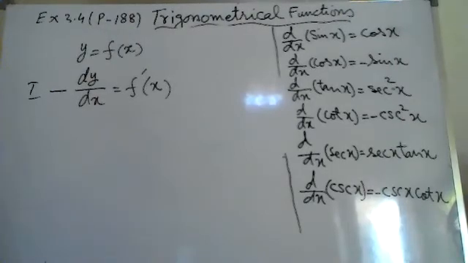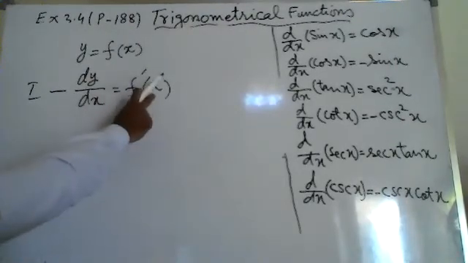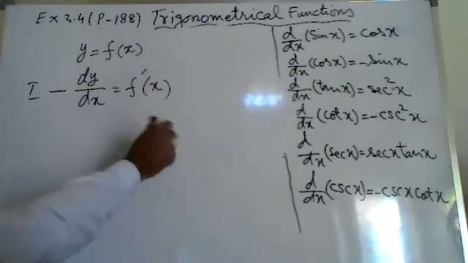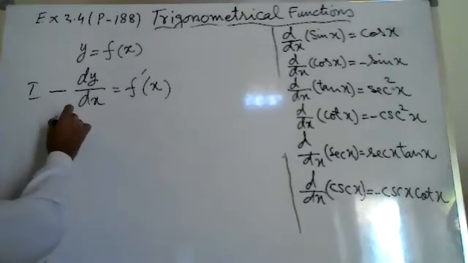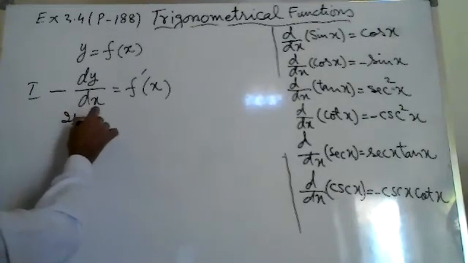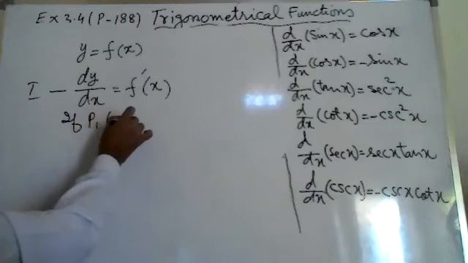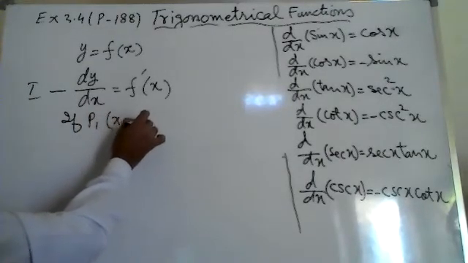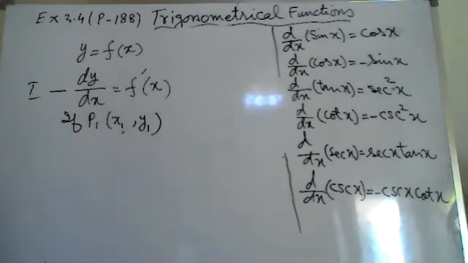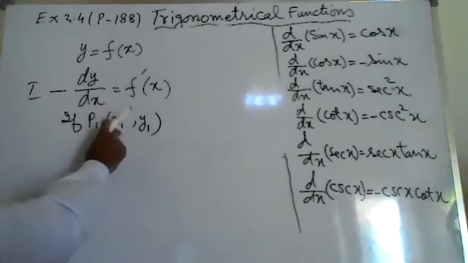Then the second step, we will put the value of x. The point P1 is given, x1, y1. This is the point at which we have to find the equation of the tangent. So x is replaced by x1.